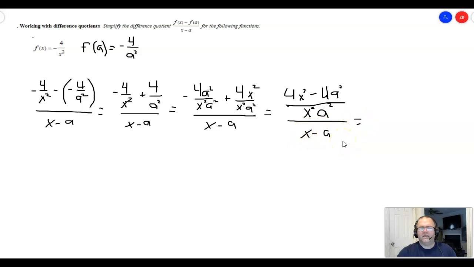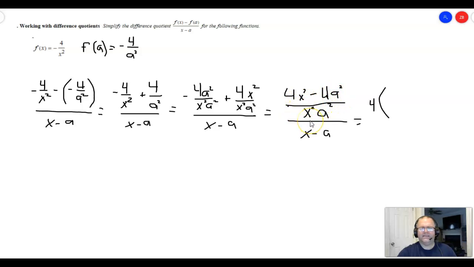And then from here, notice that I have a common factor of 4 on the top there. So I can pull that 4 out of the whole numerator. What I'm left with is just x squared minus a squared.